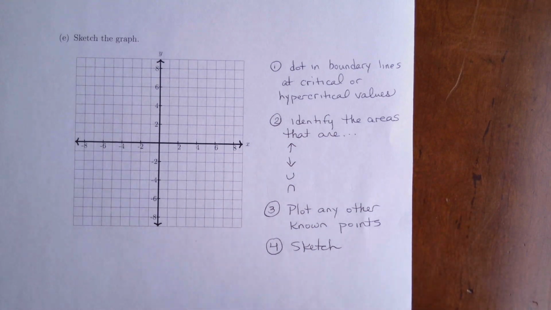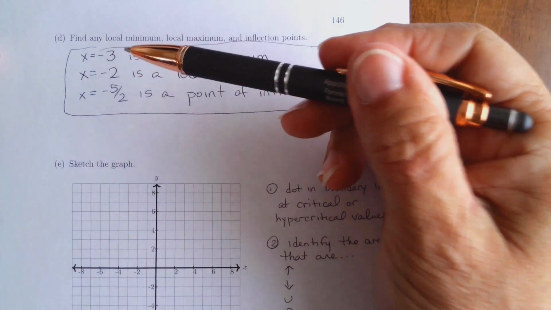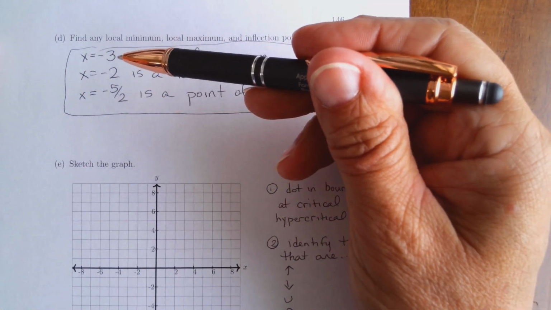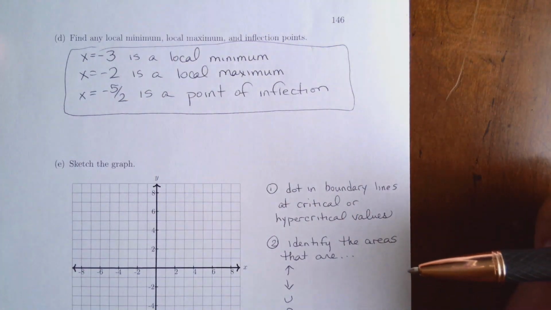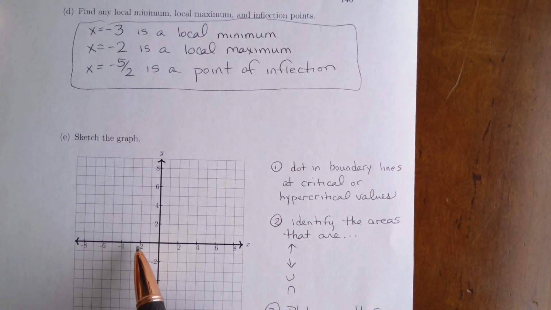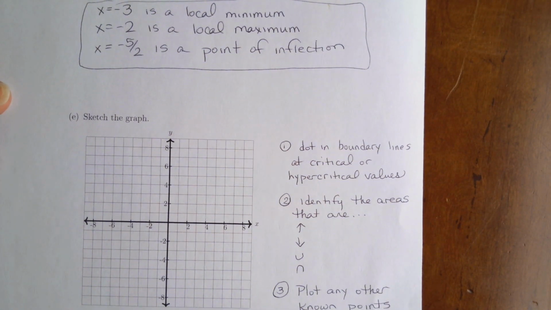Now, I'm going to change this graph up because I'm looking at these numbers. So we have to put our boundaries. Remember, these were our critical numbers and hypercritical, right? So -3, -2, -5/2, they're all real close to each other. So if I try to put them on here, they're all between these little two lines here. So I don't really want to do that.